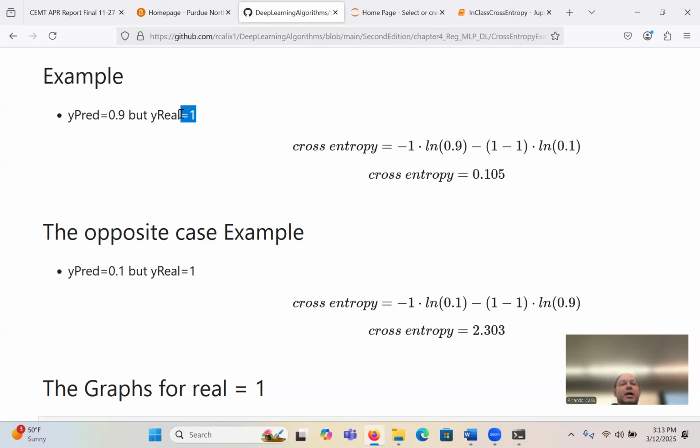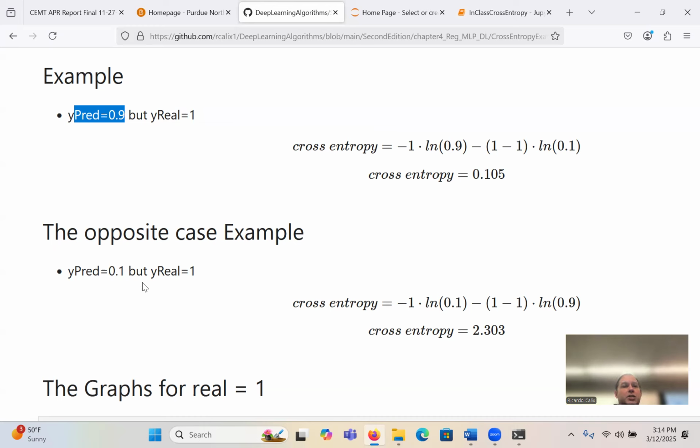If I read y real, I say I have 100% probability or confidence that it is a cat. The model is saying I have 0.9 probability or certainty that it is a cat. Do you see that? So what could you conclude about both the model and the real? They're both pretty certain that that's a cat. That's what this translates to.